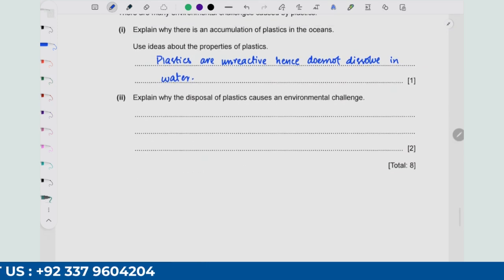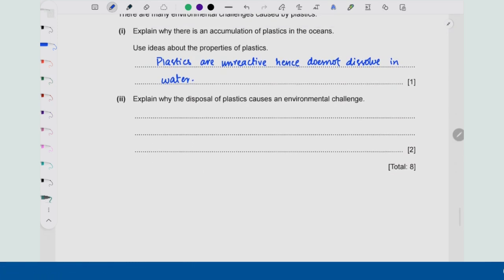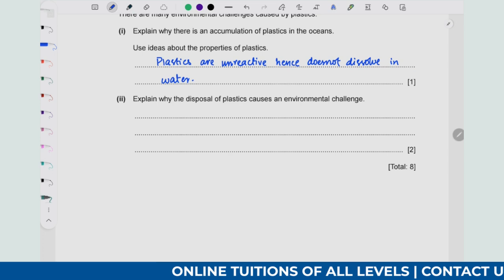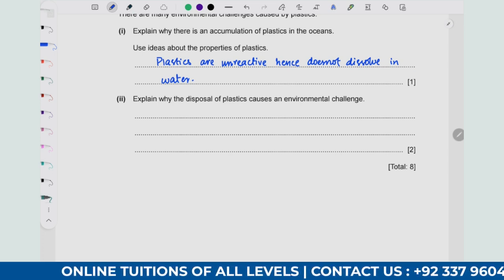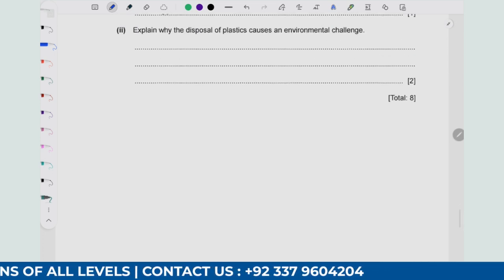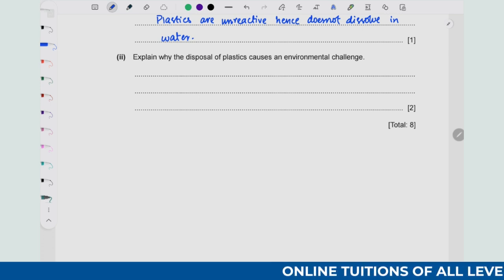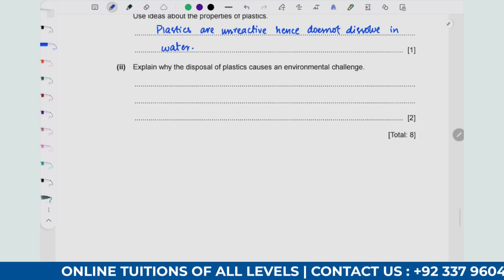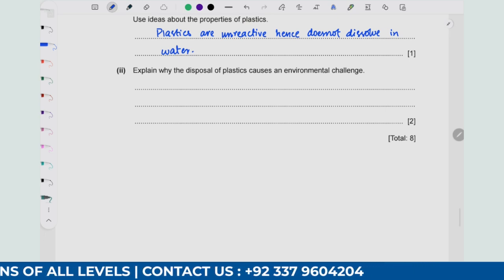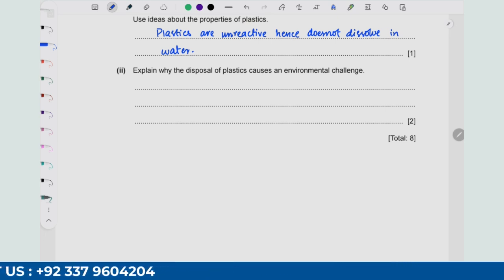Part 2 states, explain why the disposal of plastics causes an environmental challenge. Obviously, if they are not dissolvable in water, they won't be properly decomposed. Secondly, there will be incomplete combustion of the plastic, and as plastic is made up of hydrocarbons, it will produce carbon monoxide, and it will also produce toxic gases along with carbon dioxide.